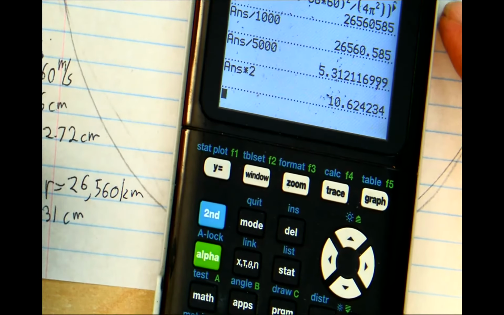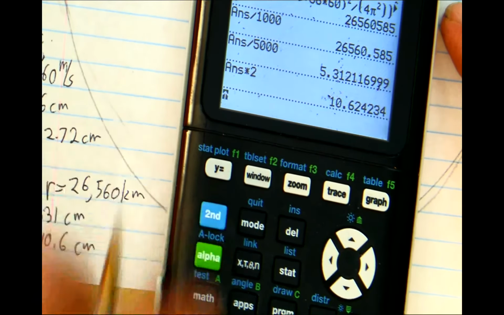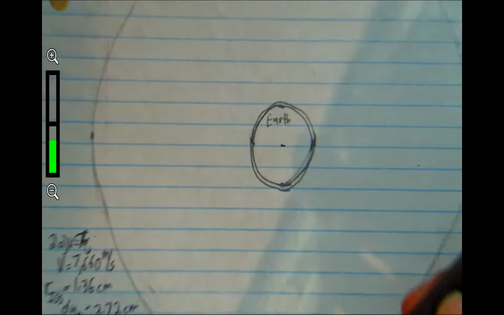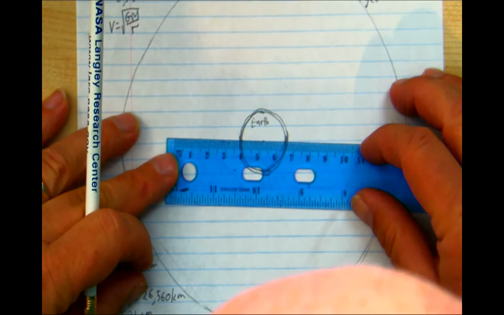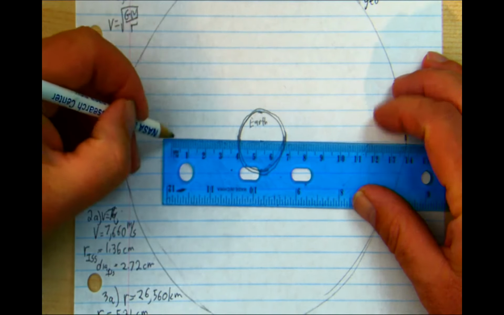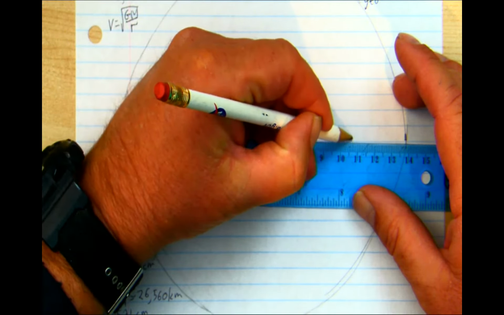Doubling that, my diameter would be 10.6 centimeters. Something I can finally measure to scale and be reasonably close in what I'm trying to do. So I'm going to make this approximately go from here to there. There's 10.6.